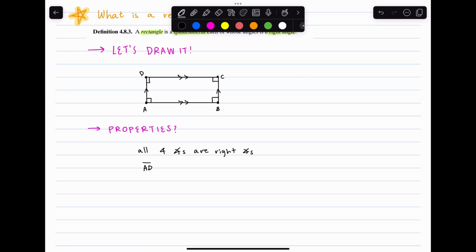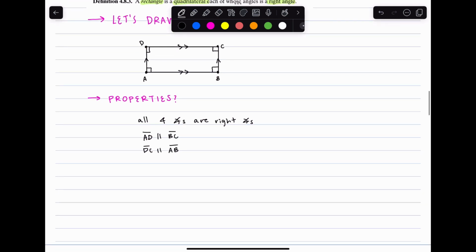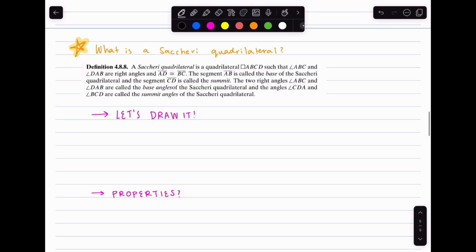So segment AD is parallel to segment BC, and DC is similarly parallel to segment AB. Now that also shows congruence that we can see in the image. AD is congruent to BC, and DC is again congruent to AB. All right, let's move on.